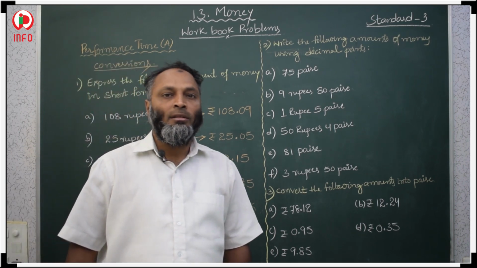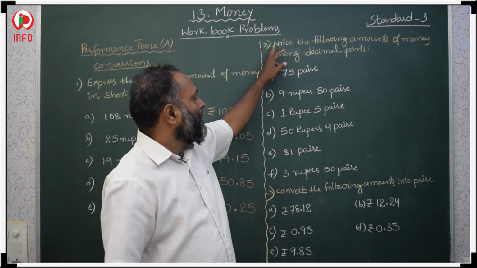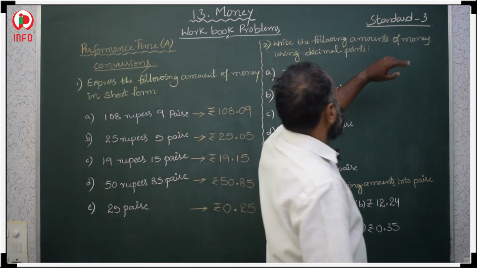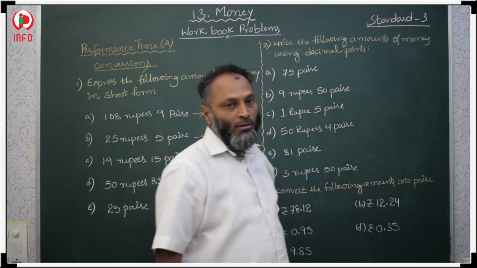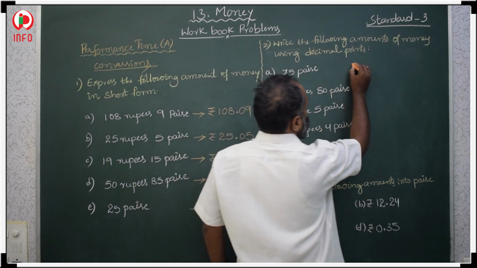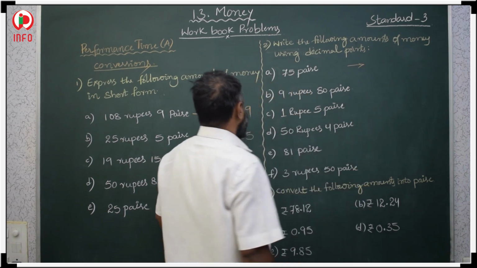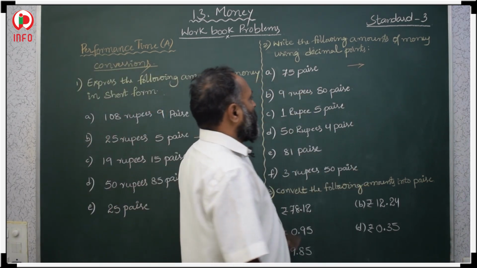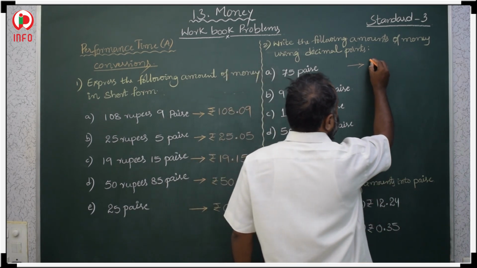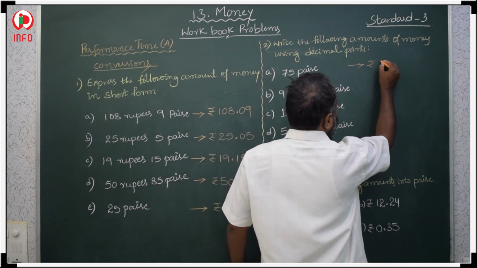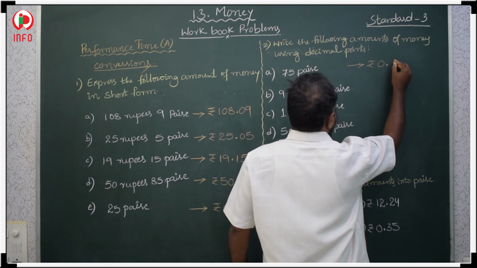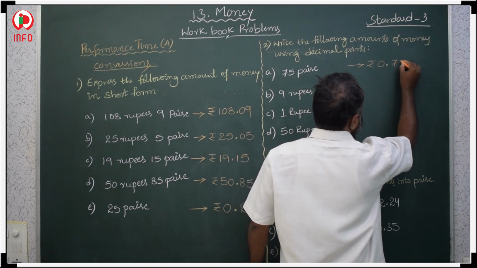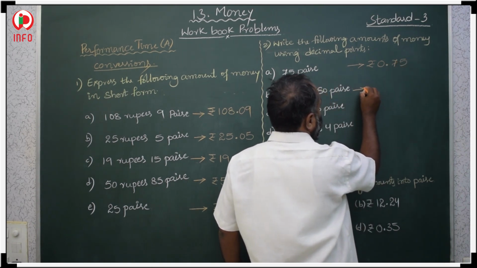Students, now the second question: write the following amounts of money using decimal points. Using decimal points, how to write? The same method we did here, we follow here also. So 75 paisa. First you take the rupees symbol, rupees 0, and only paisa is there, 0.75.